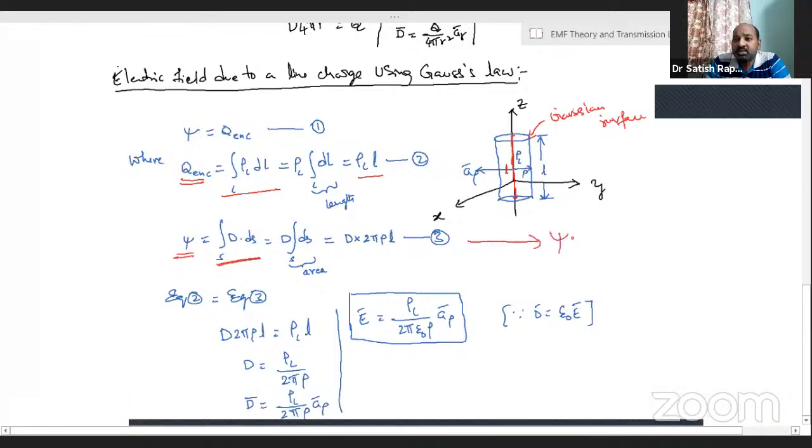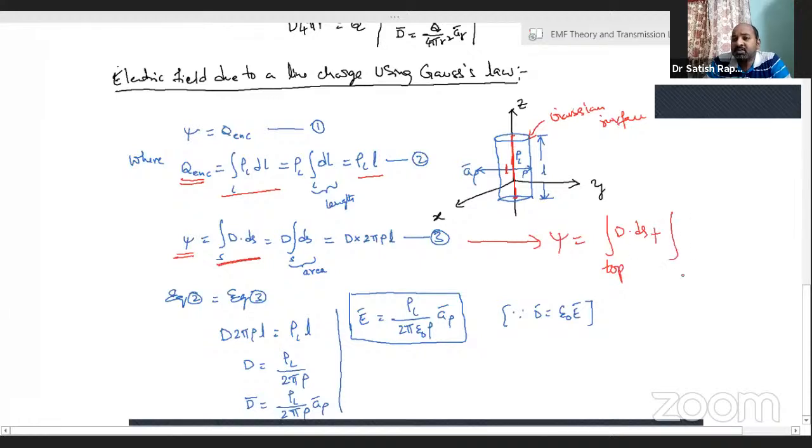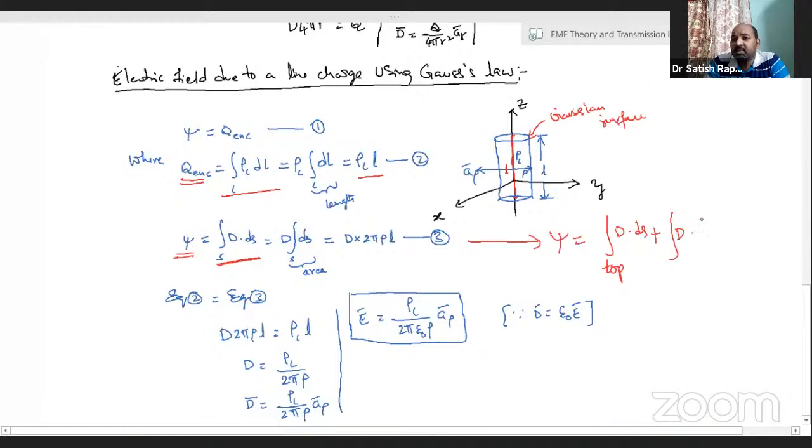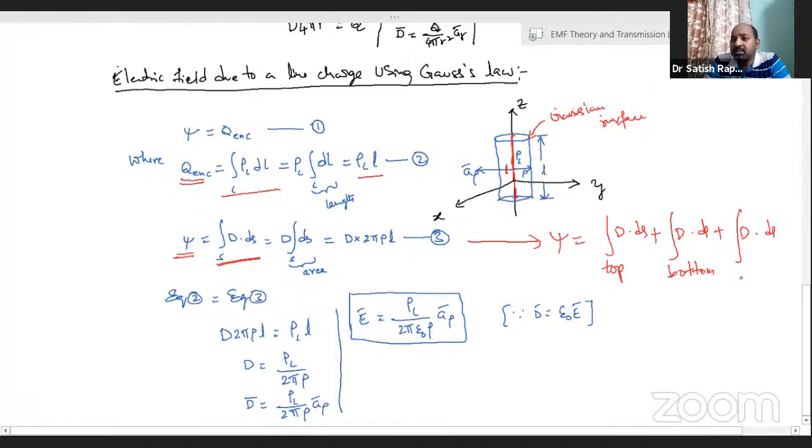Psi is equal to the integral D dot dS over the top, plus the surface integral D dot dS over the bottom, plus the integral D dot dS over the sides.